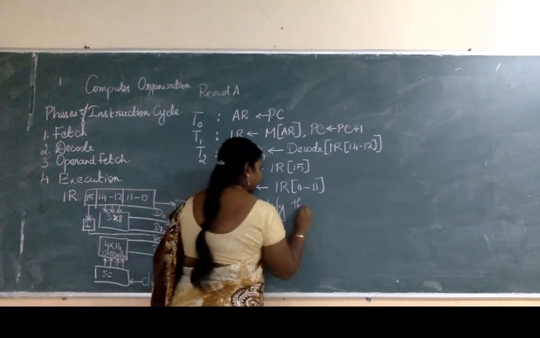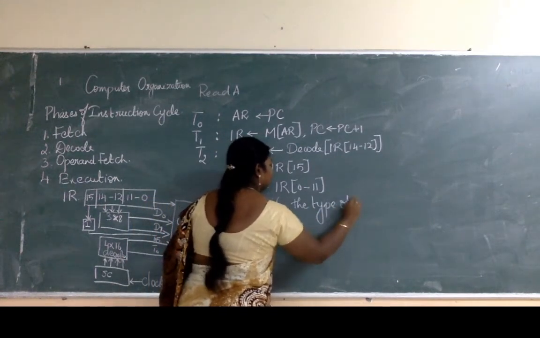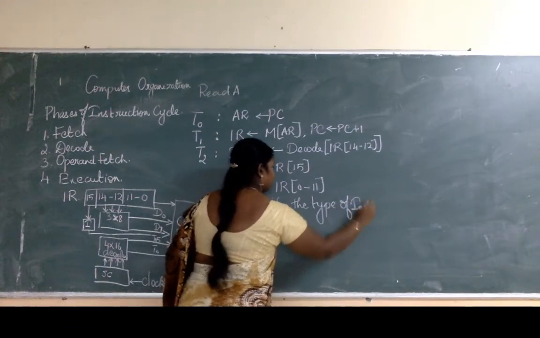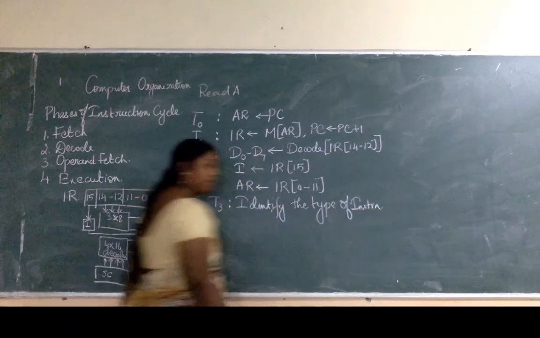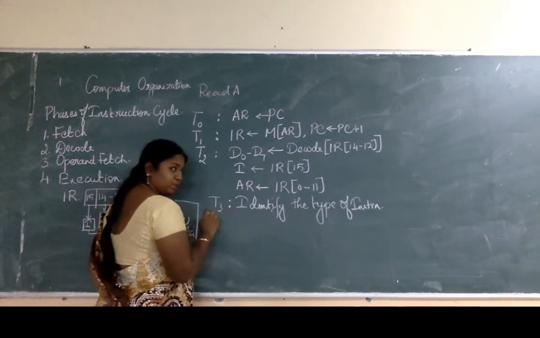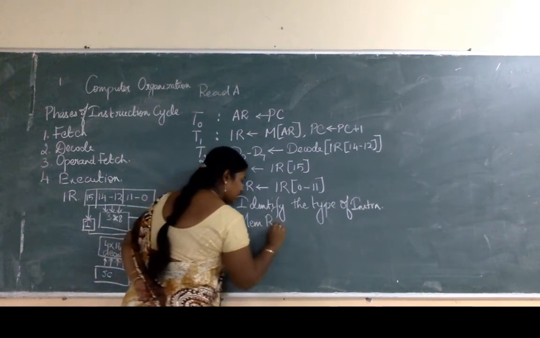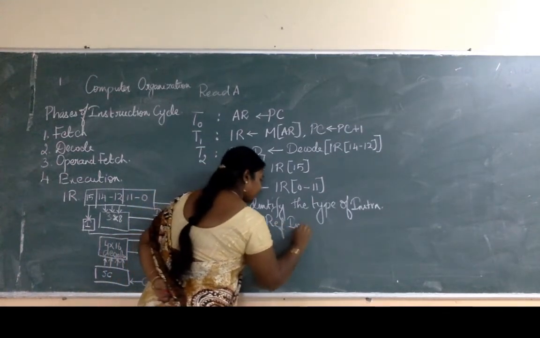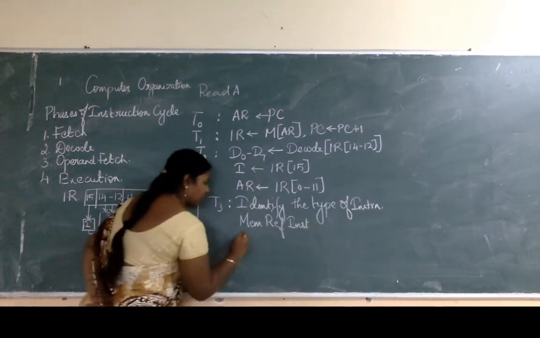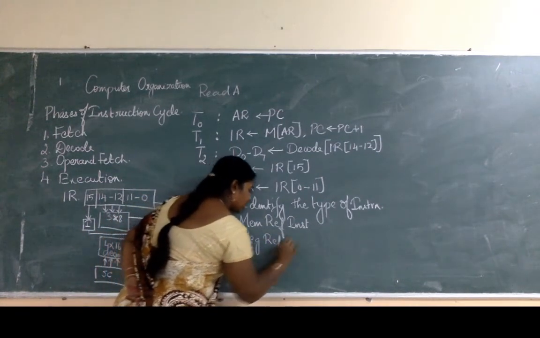the type of instruction. How do I identify the type of instruction? There are three types of instruction. The first one is a memory reference instruction. The second one is a register reference instruction.